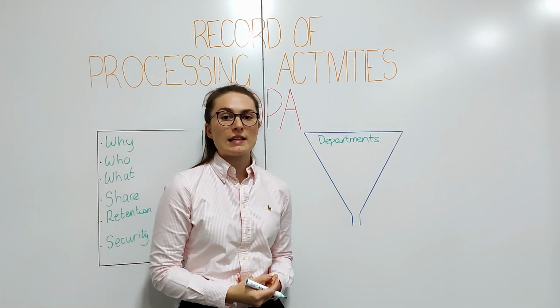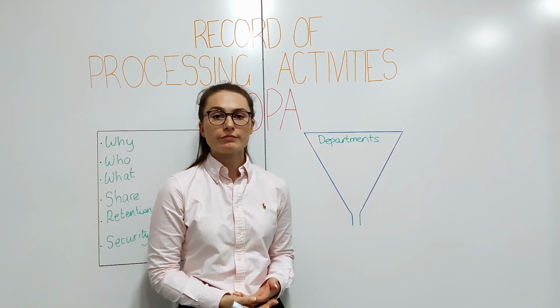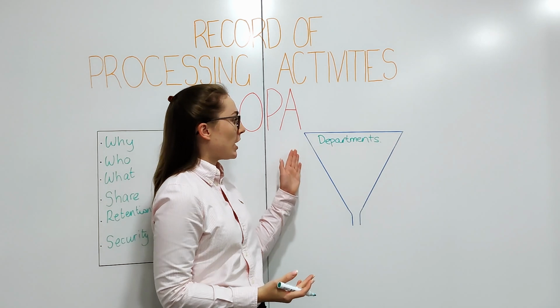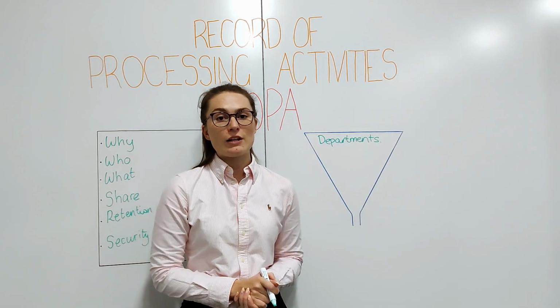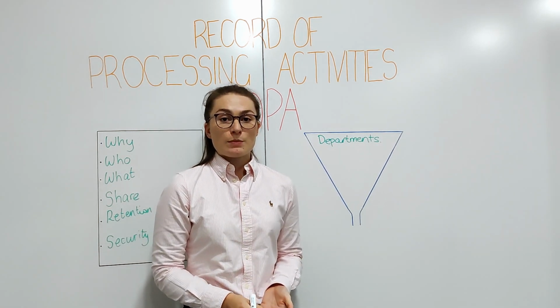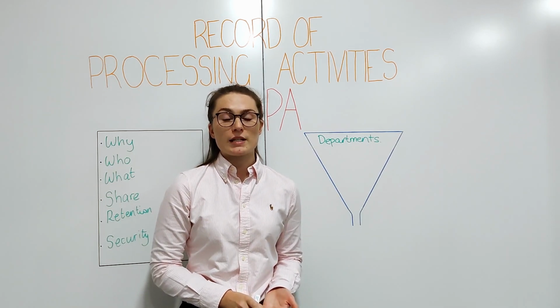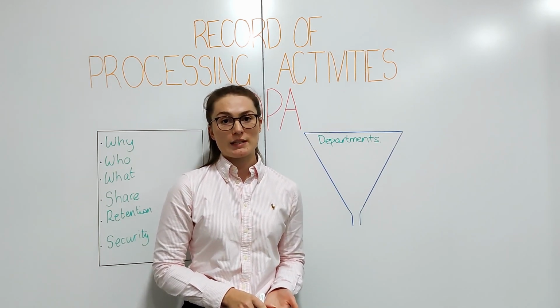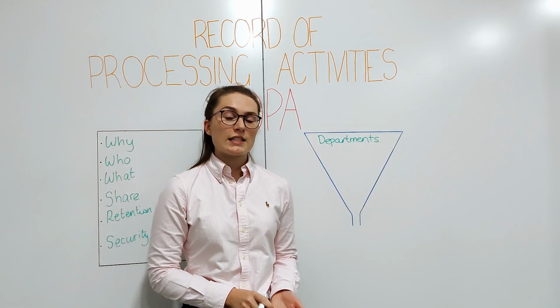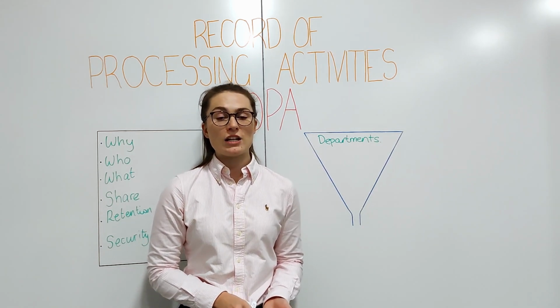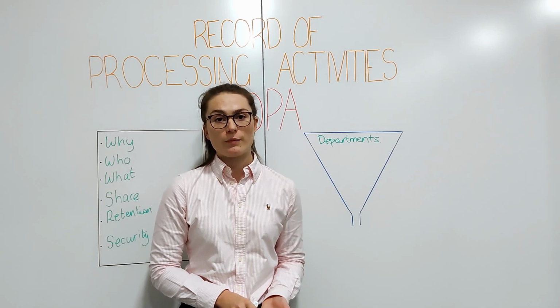So, for the purpose of this example, let's take HR. Once you've identified your department, you can engage your key stakeholders. And that's because your stakeholders understand your systems, the data that you process, and how those systems process the data. So in the context of HR, we might be consulting the HR director or HR manager.